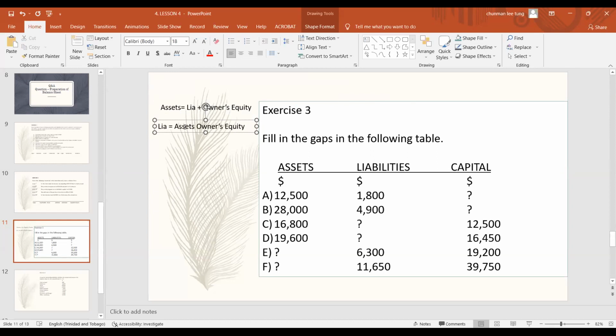And the third one we have is owner's equity is equal to assets minus liabilities.